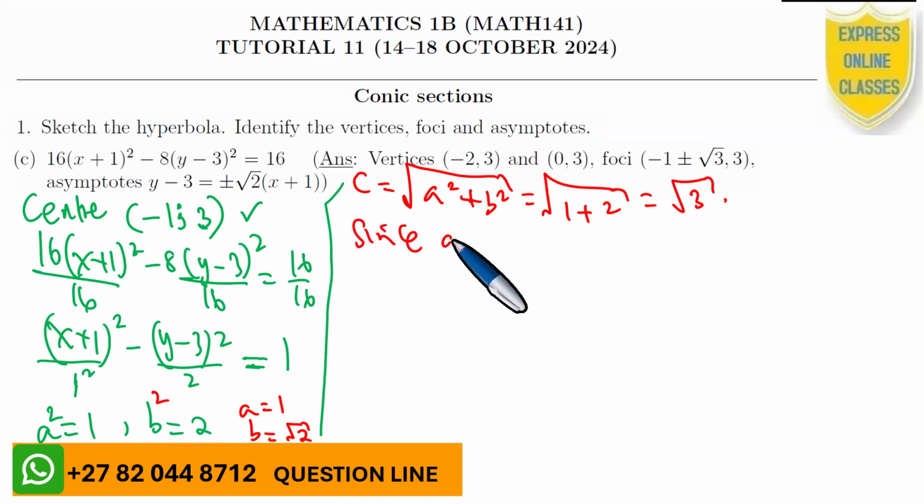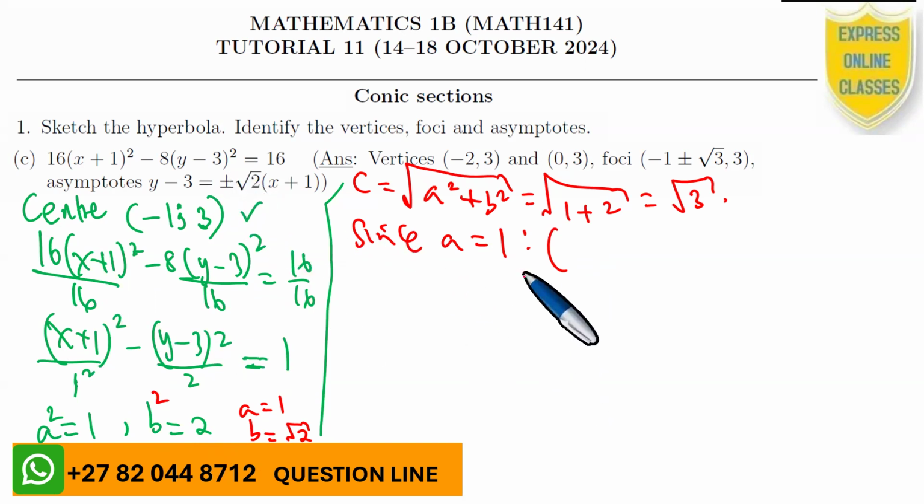Since a is 1, we focus on a, because it tells us exactly by how much you need to adjust along the focal axis. Because x is positive here and y is associated with a negative, a is going to change the x component.